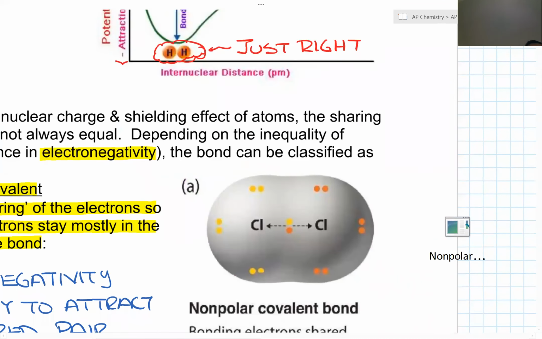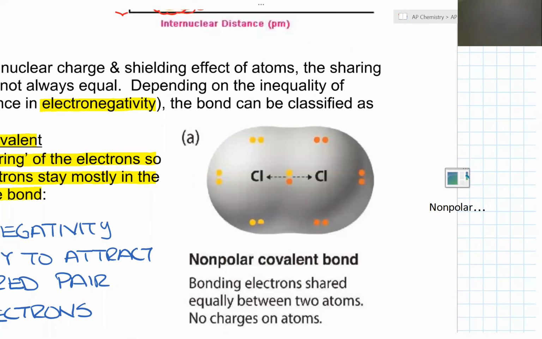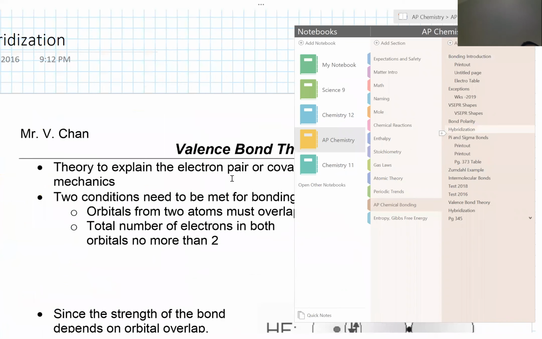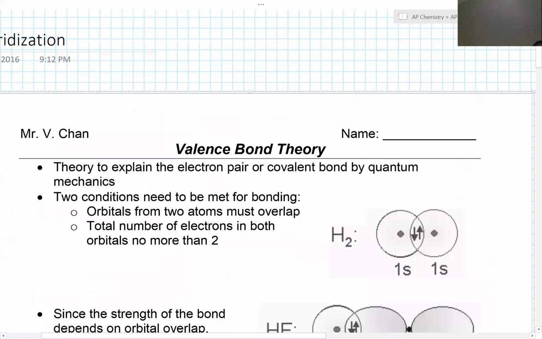And depending on where the shared electrons were, it would determine whether it was a non-polar covalent bond, a polar covalent bond, or ionic. All right, so that was where we had left off in terms of bonding, okay?